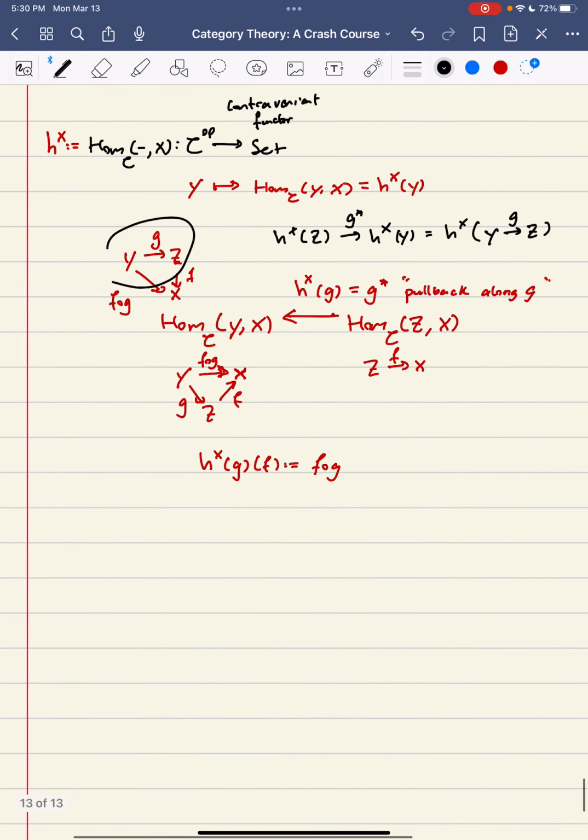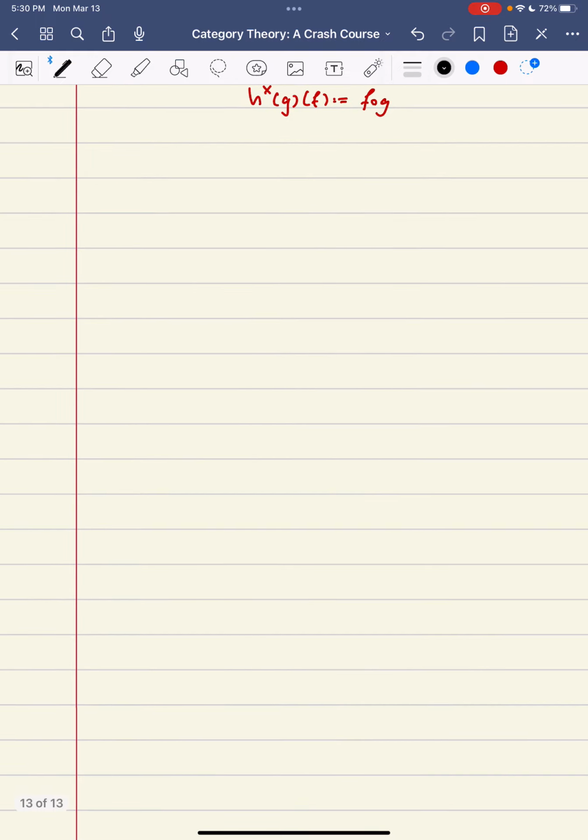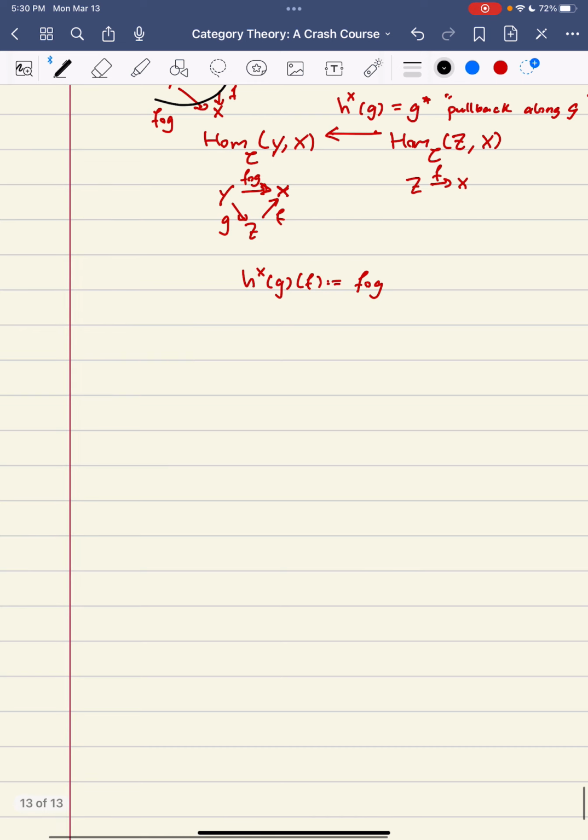Okay. So let's look at the following now. I'm going to look at the set of natural transformations between something of the form h of x.